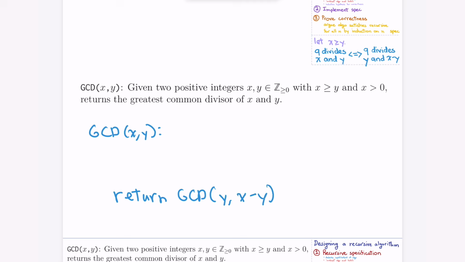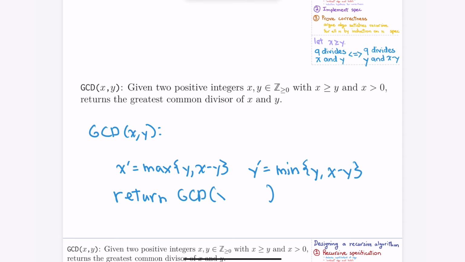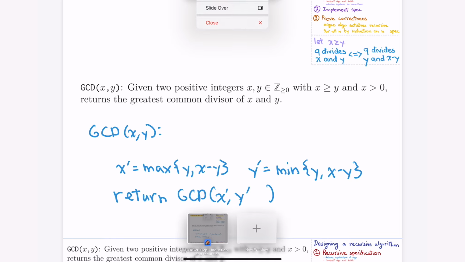The only thing is I'm picky about the first argument being bigger. So maybe I'll write x prime is the maximum of y and x minus y, and y prime is the minimum of the two. Then x prime, y prime. So all this is just swapping the two arguments to make sure the first one is bigger.